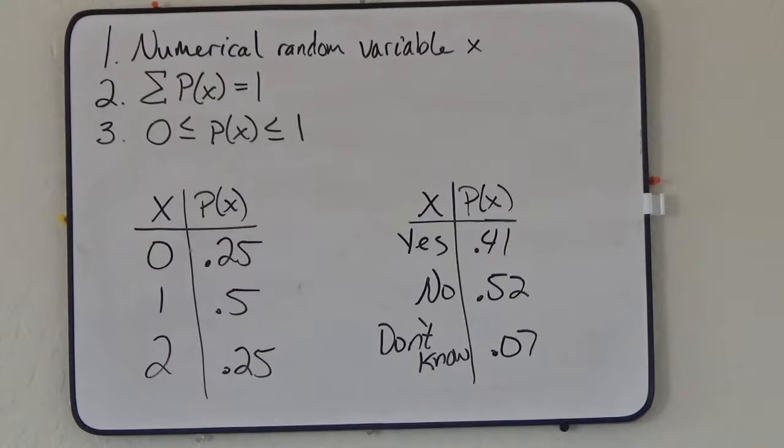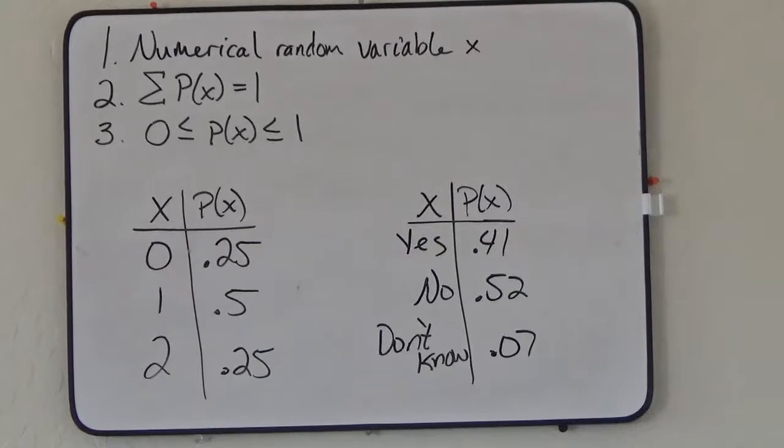The question on this, does this represent probability distribution? Well, x is random. The reason why it's random is because you can't determine whether or not you're getting a boy or girl each time there's a birth, right? Every child born has the same likelihood of being a boy or girl. So yes, it fits the first rule, x is random.